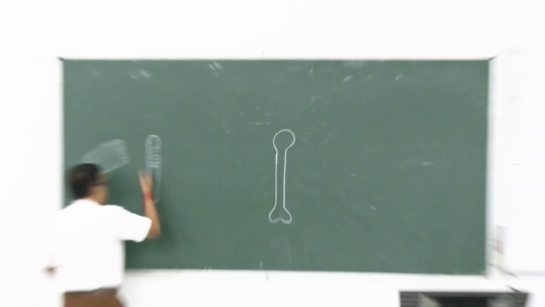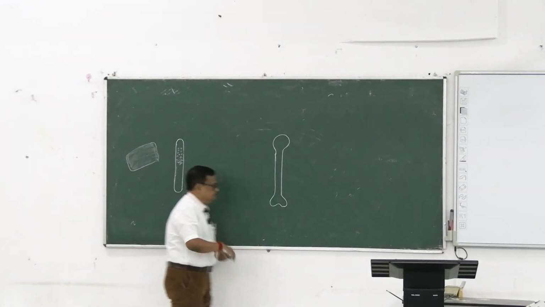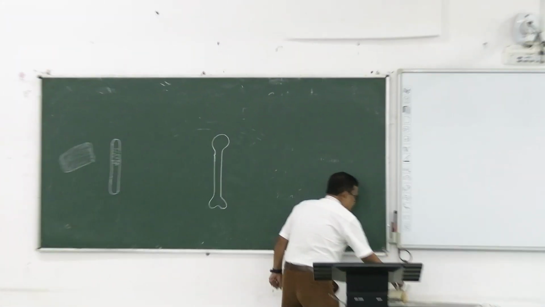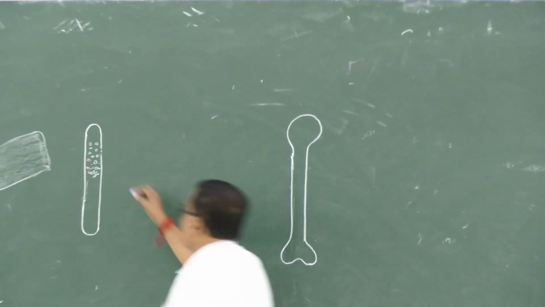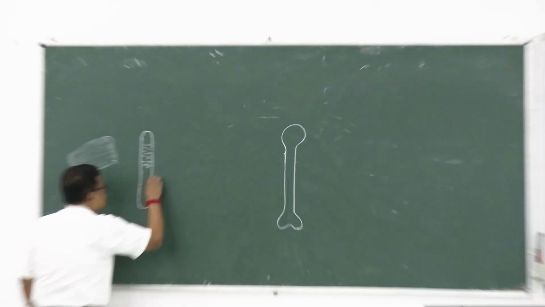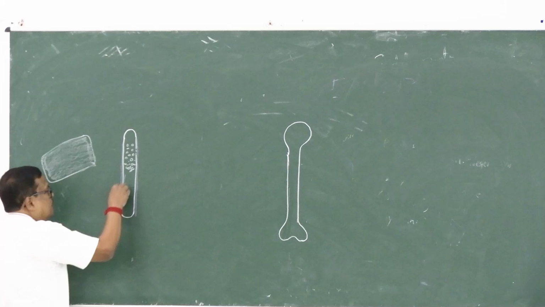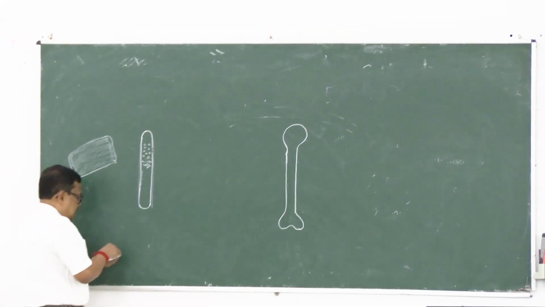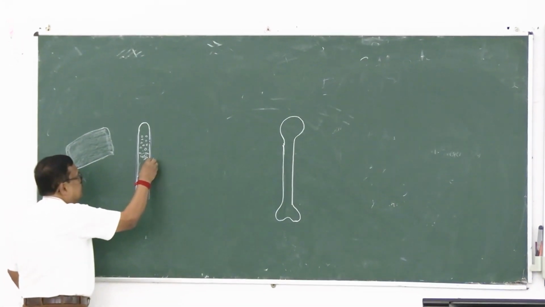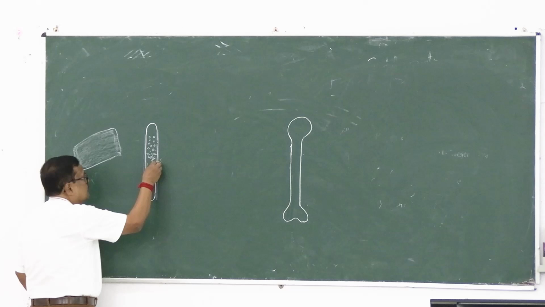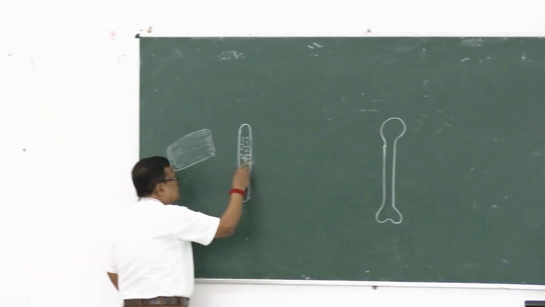There is a covering, a wrapping, the perichondrium, and a blood supply comes here in this fashion, and they divide.